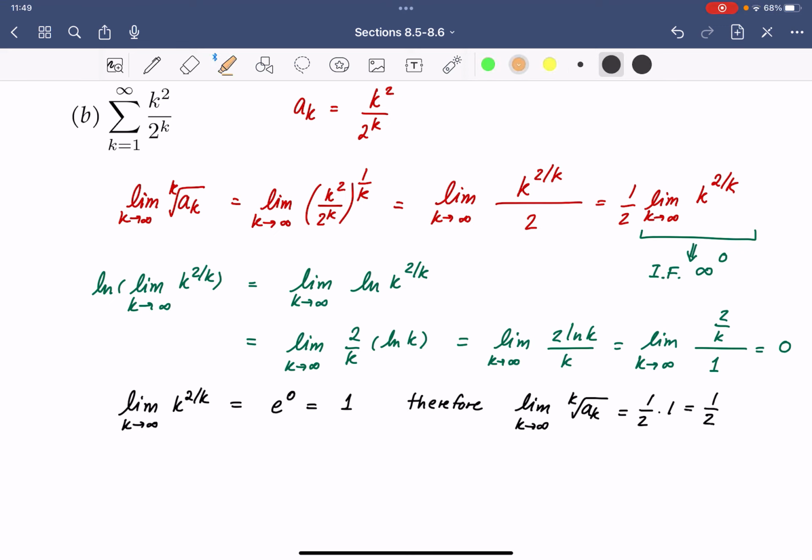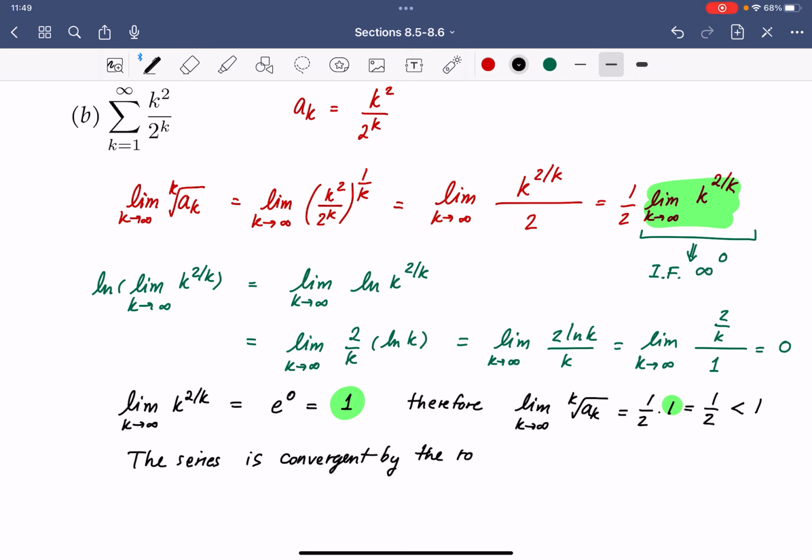Because when you get 1/2 here and 1 here, you plug back in here, that I highlighted in green, so it's 1/2 times 1, which is 1/2, and that is less than 1, and it means the series is convergent by the root test. All right, so that's the end of this question, part B.